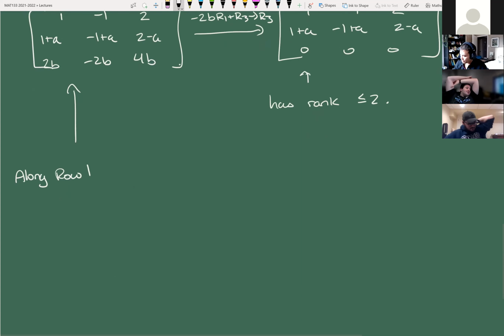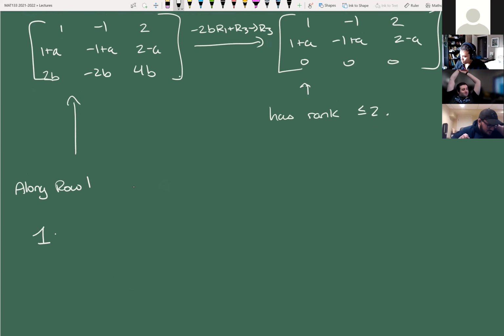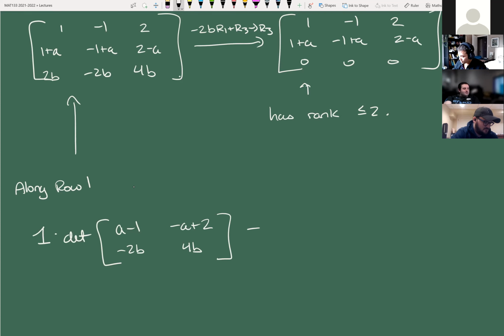Okay, so we're going to get 1 times the determinant of that submatrix. Let me write that as a minus 1 instead of negative 1 minus a. And then 2 minus a, which I actually want to write as negative a minus 2. I just prefer to have my variables first. Negative 2b, 4b, minus negative 1 times the determinant, 1 plus a.